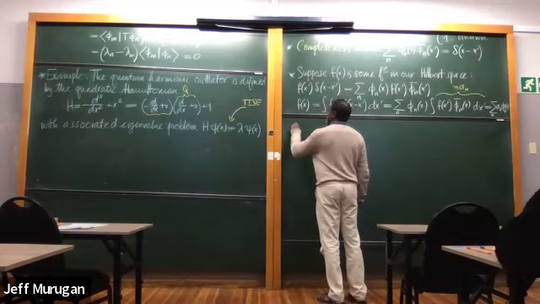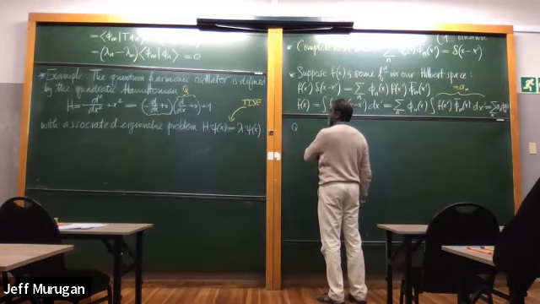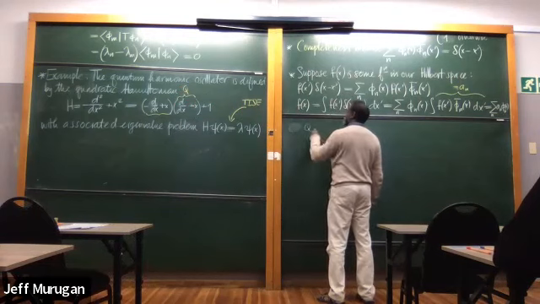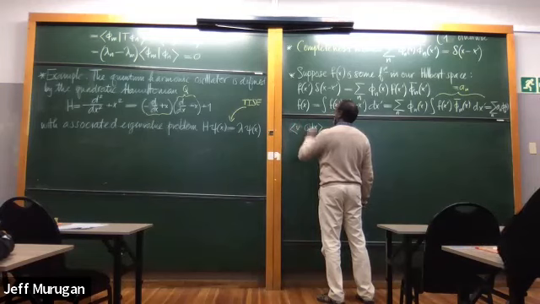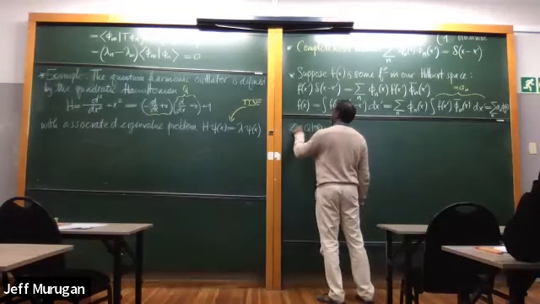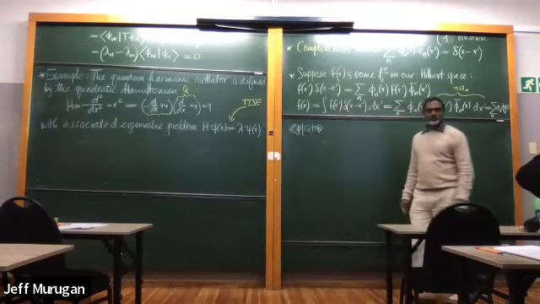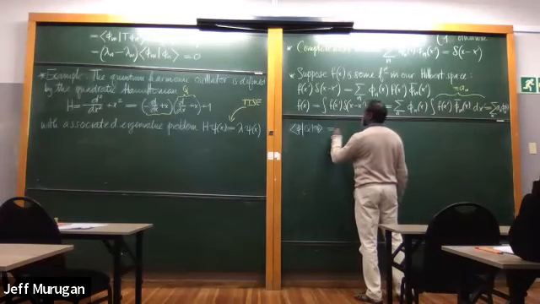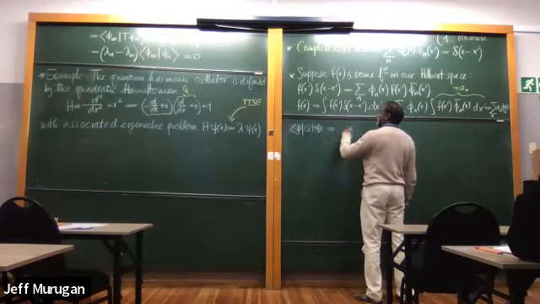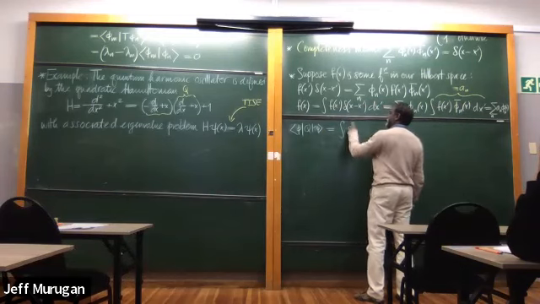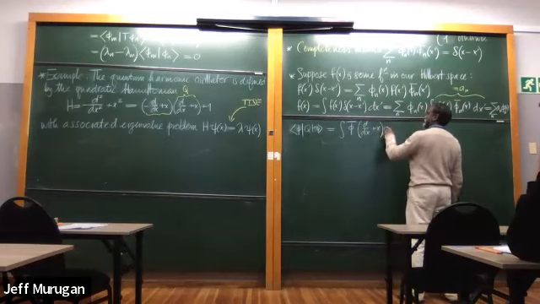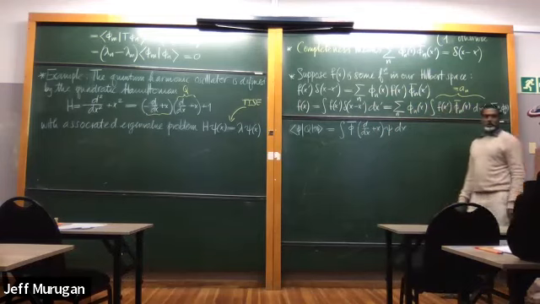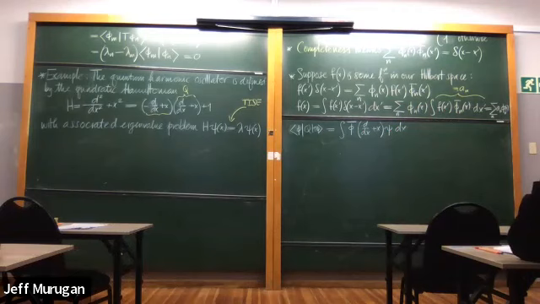If I act with q on psi and then take the inner product with some other function phi, this is the integral of phi bar times (d by dx plus x) acting on psi, integrated with respect to x. That's what I mean by that inner product.